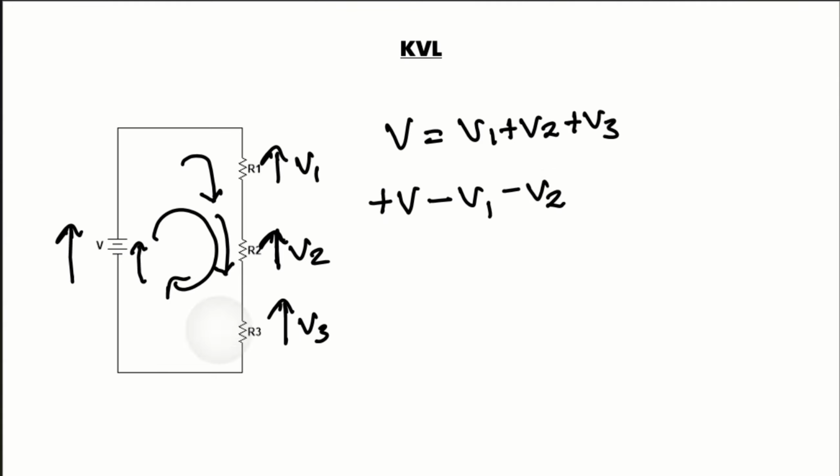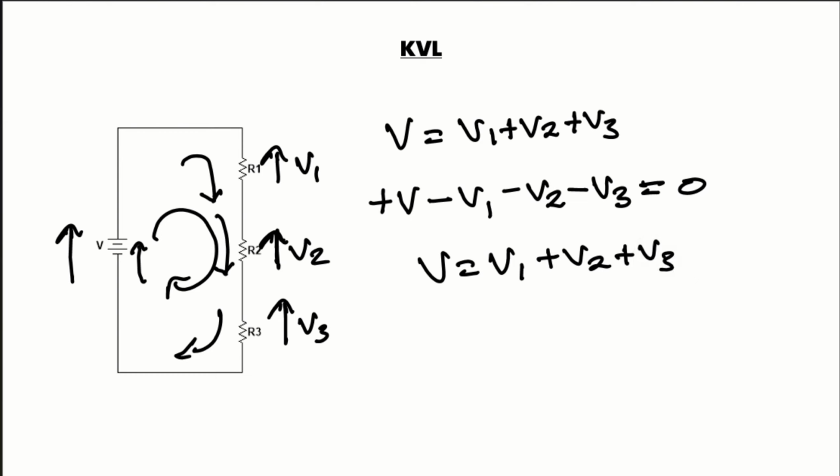Similarly, loop direction is going this way, V3 is going upwards, so minus V3, which should be equal to 0. If you rearrange this formula, you will get V is equal to V1 plus V2 plus V3.